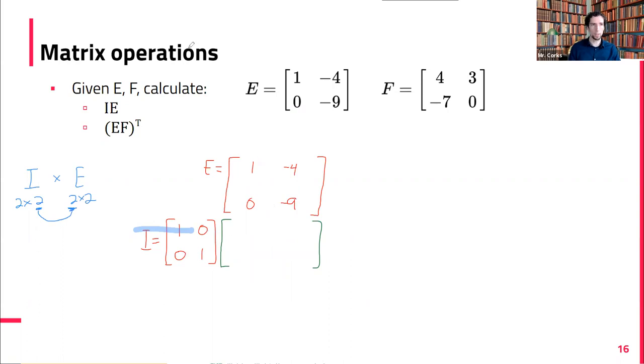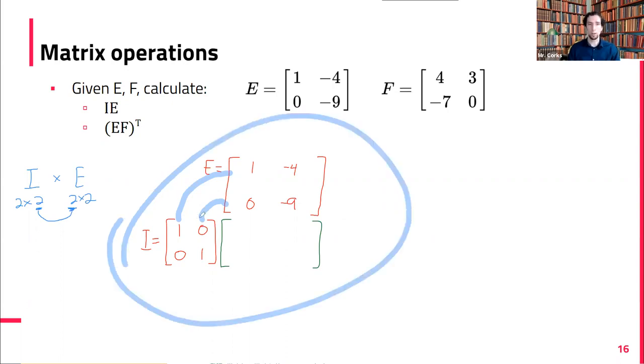Sorry, before we do that, another way that we can check if matrix multiplication is possible. This is the number of columns in I, the first matrix, 2, and the number of rows in the second matrix, E. Does each thing have one match and is it an equal number? If yes, then it works, it's going to be possible. So another advantage to writing it like this, you can also do a second check to know if it's actually possible or not.